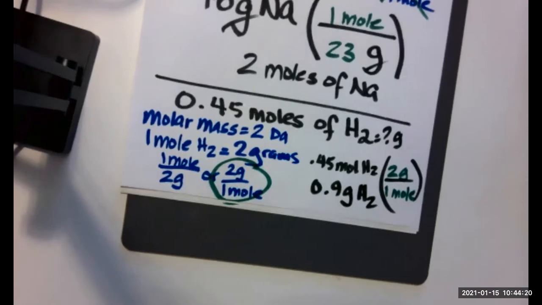All right. So the idea here that I want to make sure that everyone understands is that when you see the problems on this sheet, that's all that you're doing. You're flipping the molar mass units in the conversion.